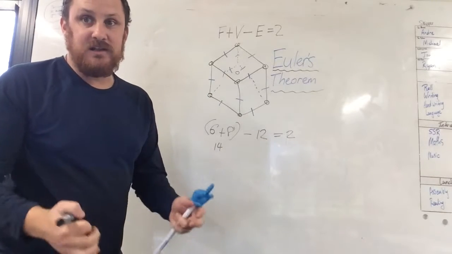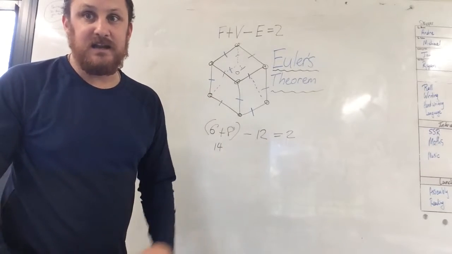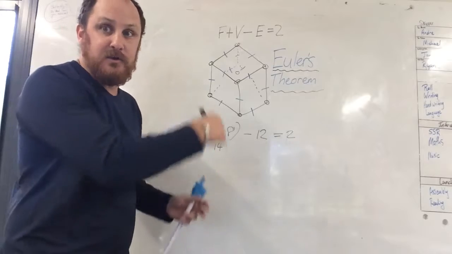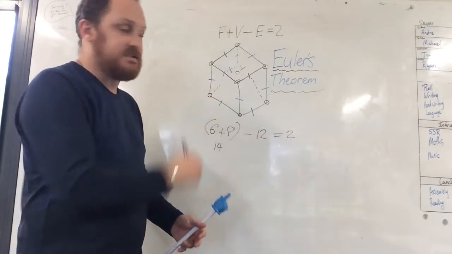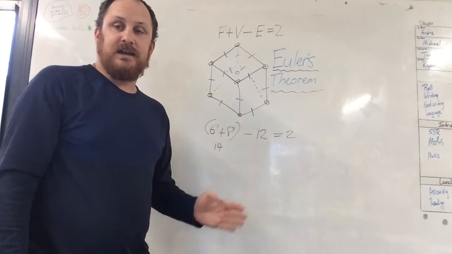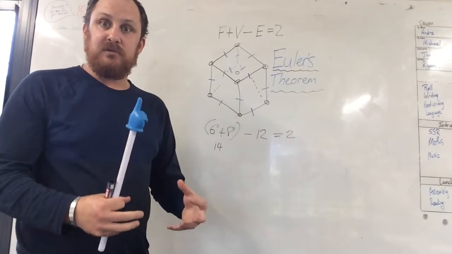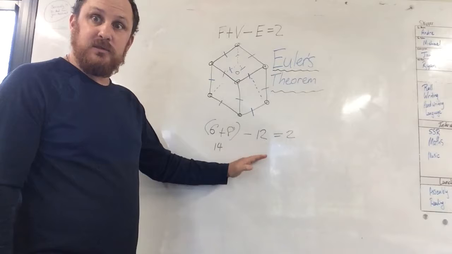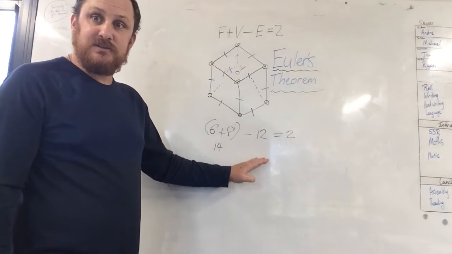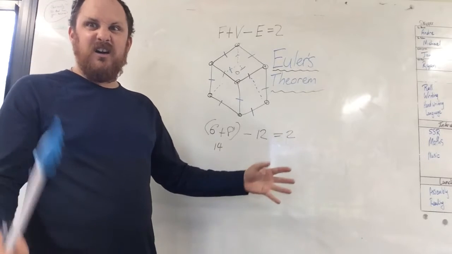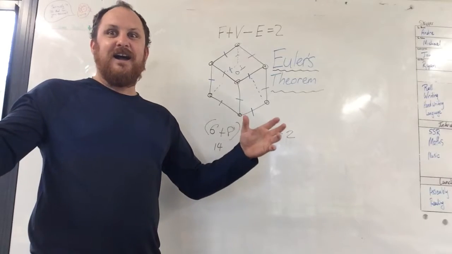Now I'd love to show you another shape, but we'd be here all week because I love this so much I'd get all carried away and show you icosahedrons and all kinds of stuff, but it does work, okay. So what I recommend is finding some of your favorite three-dimensional shapes and trying it out with this, okay? Because it's really fun to blow your mind and go, whoa, it still equals 2, oh!